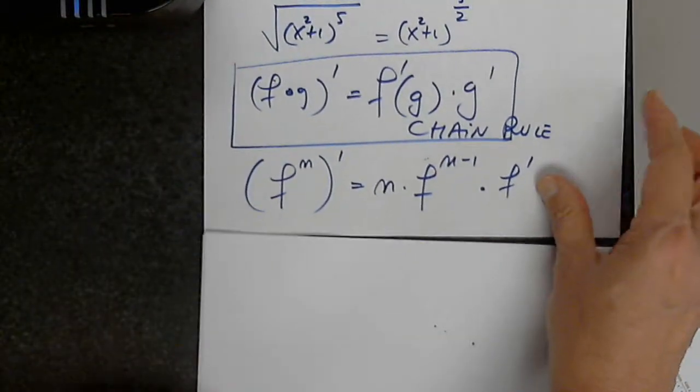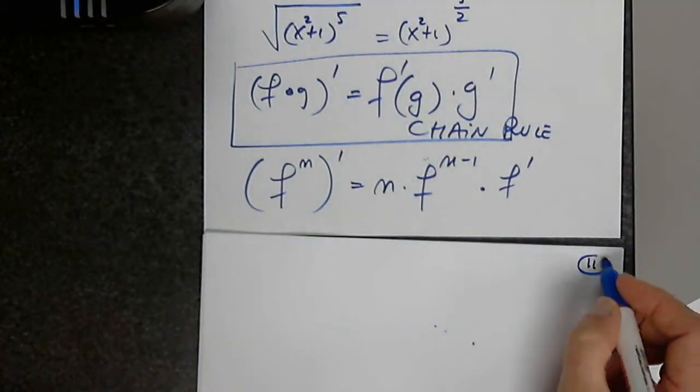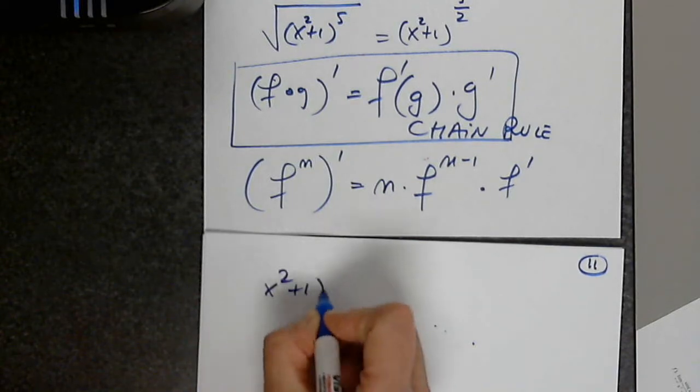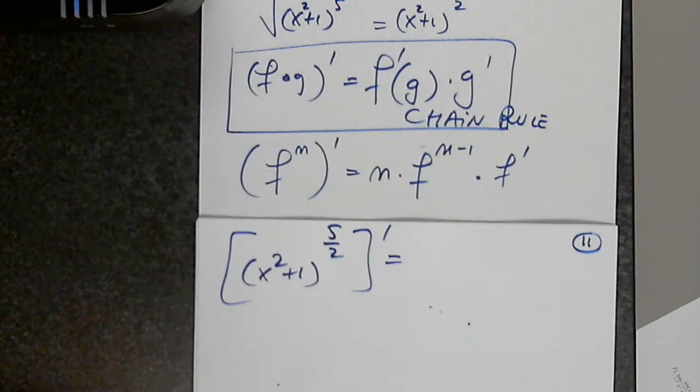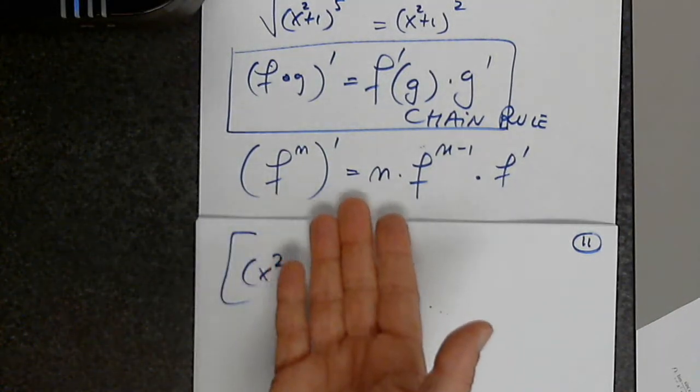First function. So we have x squared plus 1 raised to 5 halves, and we want to differentiate this. It's basically this rule.